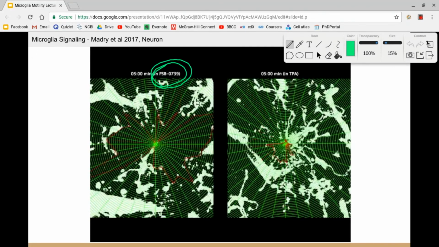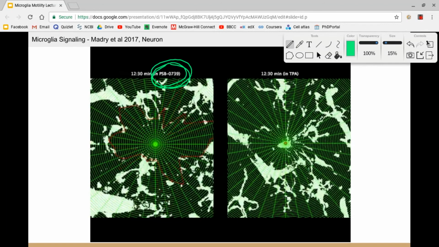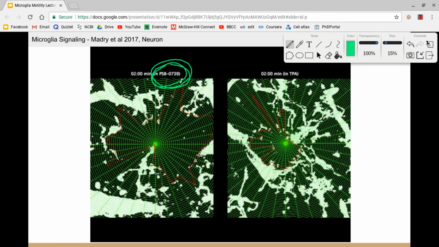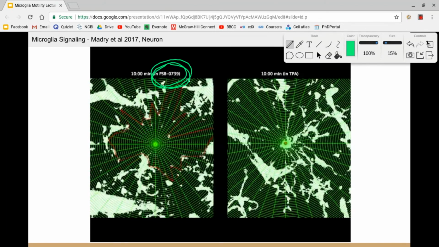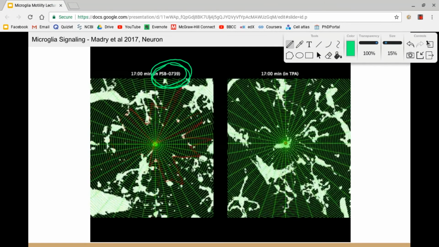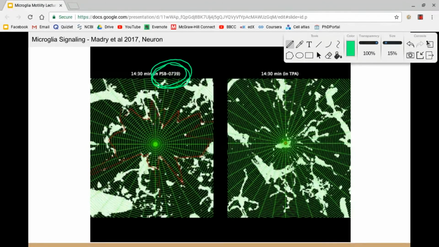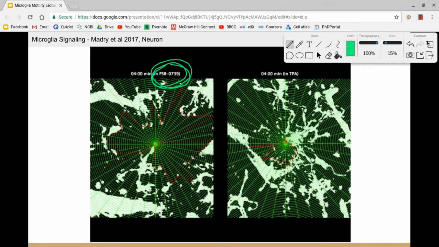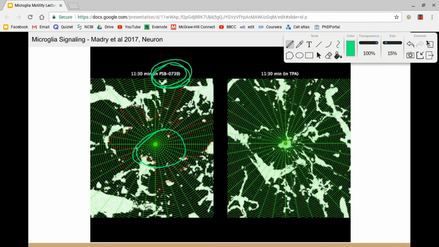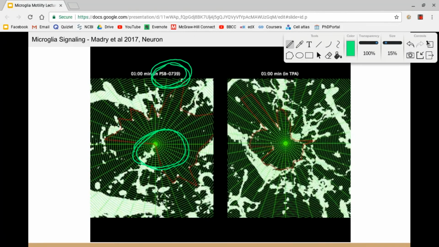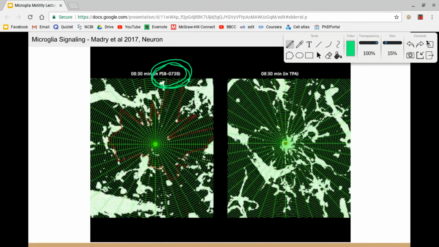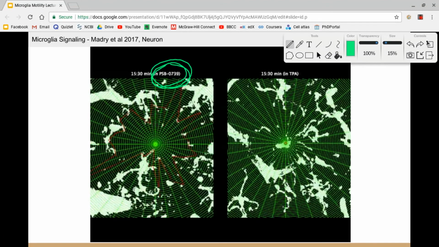PSB is an inhibitor of the P2Y12 ATP receptor. So when ATP cannot bind to P2Y, this is what happens. And we see almost no directed motility. The microglia are pretty much indifferent to the addition of ATP.